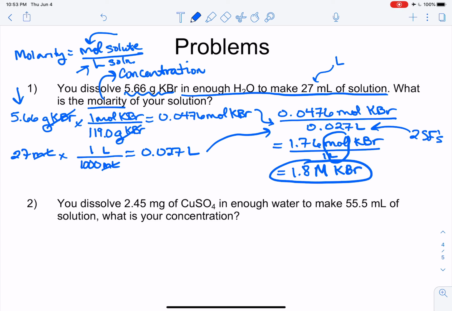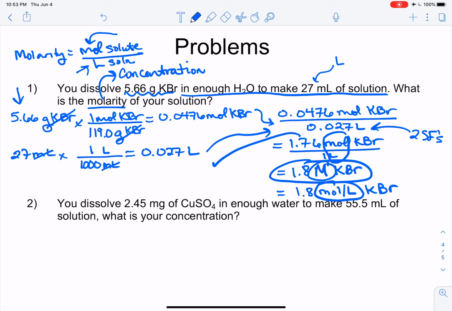And if that label was on a bottle, you would say, I've got the 1.8 molar potassium bromide solution. How you can also write it is like this: 1.8 mole per liter KBr, okay? Because the big M is exactly the same thing as mole per liter.